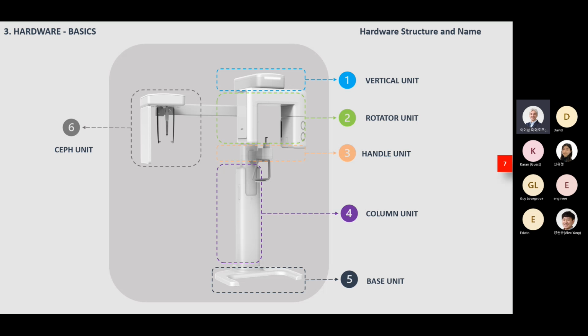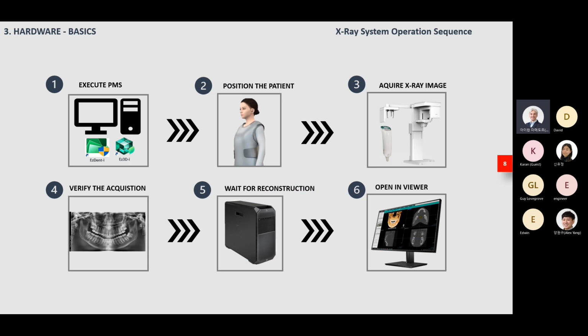So you need to know this vocabulary. We call this vertical unit, and this part we call rotator unit and handle unit. This is called column unit, base unit and Ceph unit. So these are the vocabularies that you usually have to use on the VCSM in order to communicate with the technical personnel and request help whenever there is a problem in any of these units, or usually inside of them.